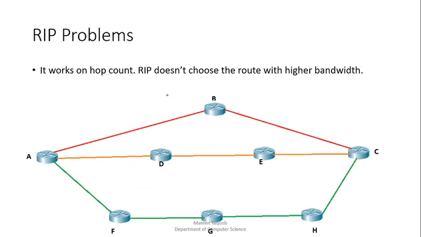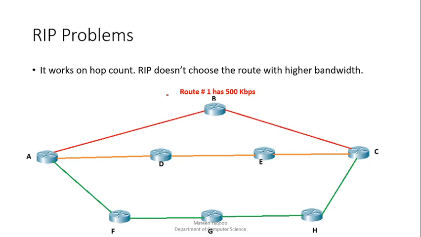There are some problems which occur in the RIP protocol because it works on the minimum hop count. Suppose in this case RIP will fail, because RIP doesn't choose the route with the higher bandwidth. Bandwidth is a criterion which basically tells how fast your link is. If RIP is working here, the best route will be chosen as route number 1, which is highlighted in red.